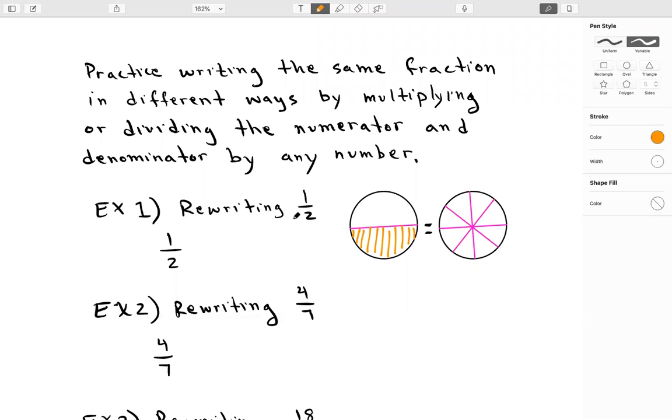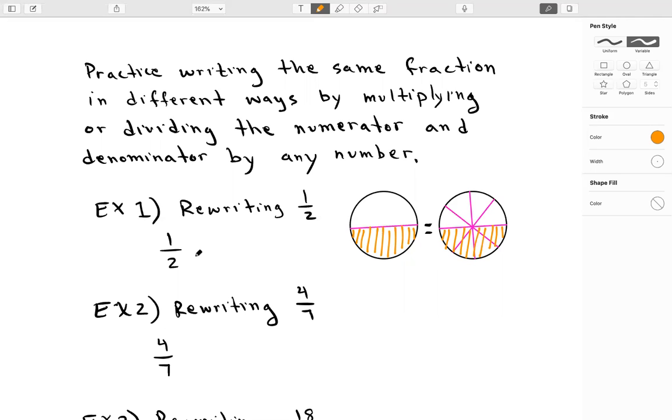Now we can rewrite 1/2 with a different denominator if we just consider more slices. So this is the same size pie. I'm still going to shade the same quantity. Yet, do you see how in this pie, I have 4 slices out of 8 total, and in this pie, I just have 1 out of 2 total?